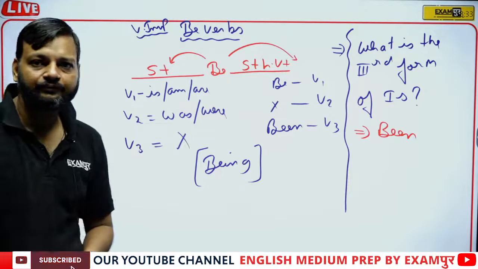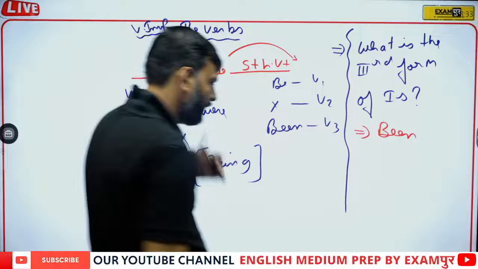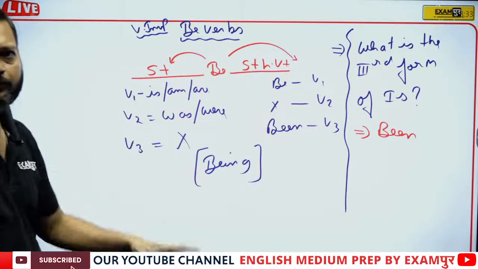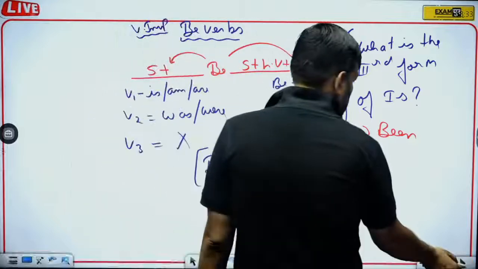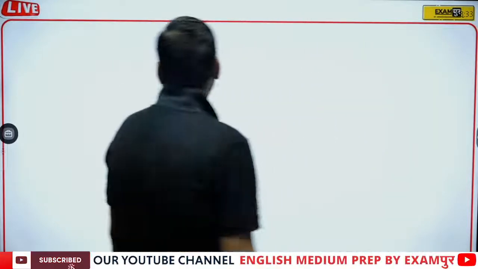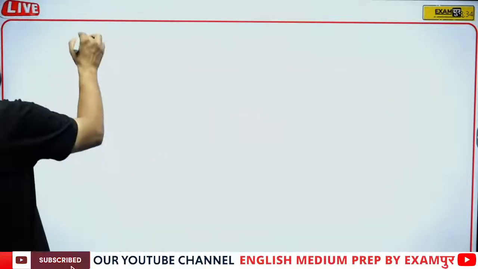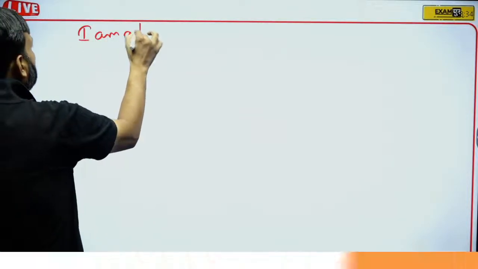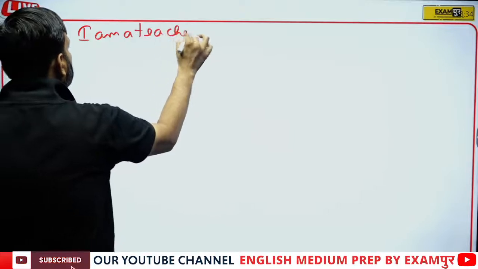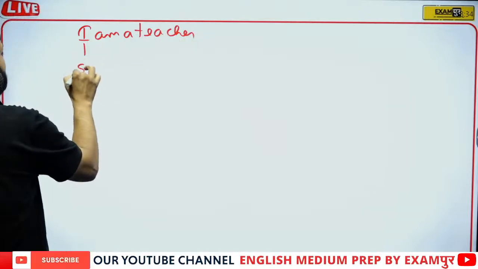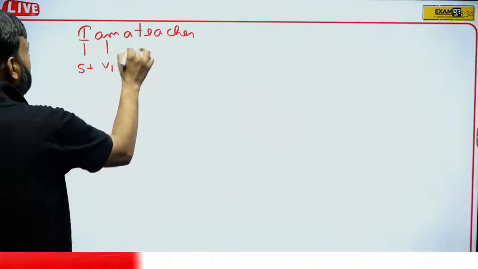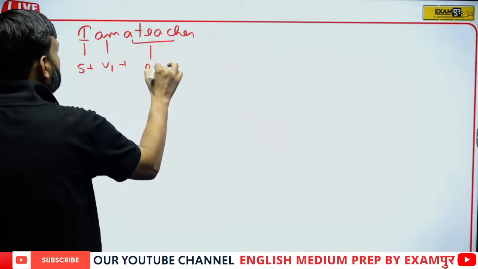Is it clear? Now let's see some examples of all these forms. I am a teacher. So here I is subject, and as we have seen, am is the first form and a teacher is the object.